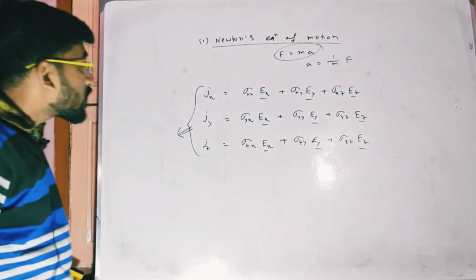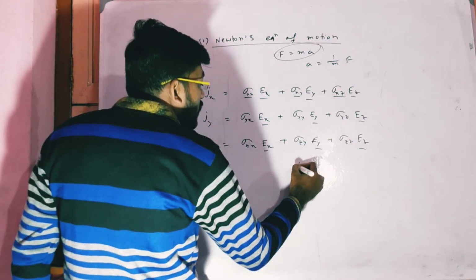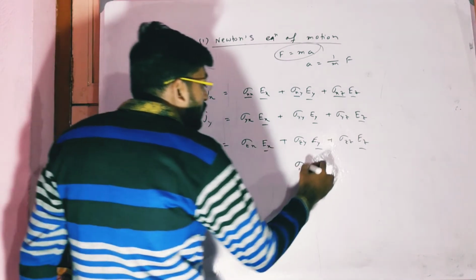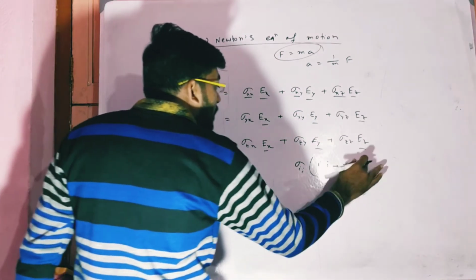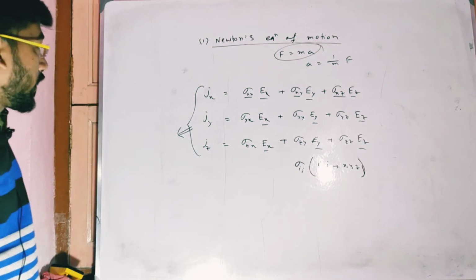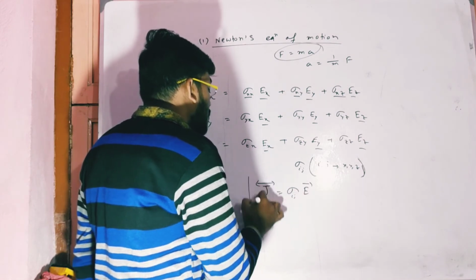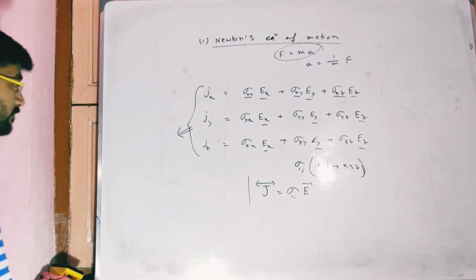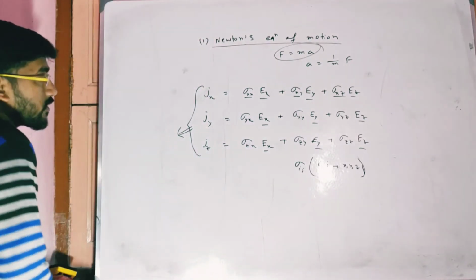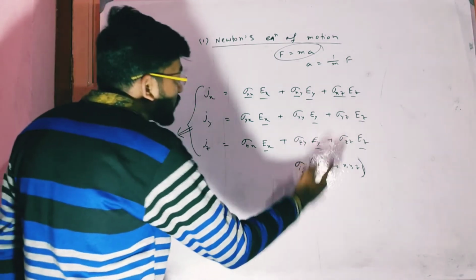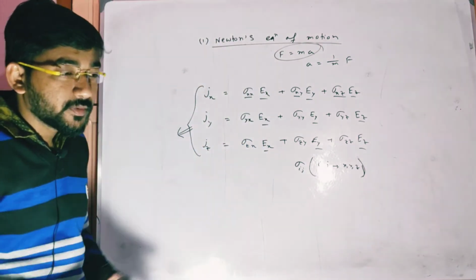Here sigma xx, sigma xy, sigma xz can be written in terms of sigma ij, where i and j denote x, y and z, and we can write it as J equals sigma ij into E. I don't want to write this in this pattern; I will write it in various different ways later on.